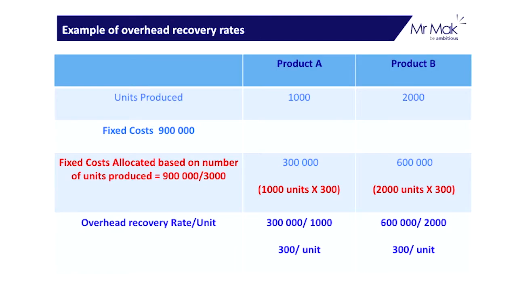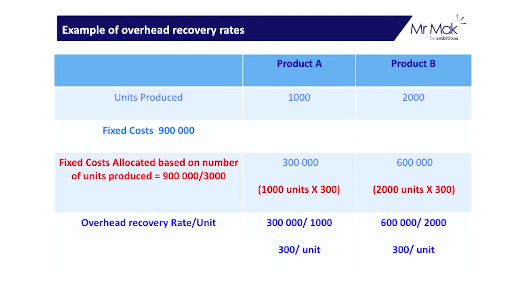So if we had to break up the costs that are allocated to product A and to product B, we would say product A has 1,000 units that are produced. For each unit, we're going to allocate 300 of the fixed costs. Therefore, the fixed costs allocated to product A would amount to 300,000.